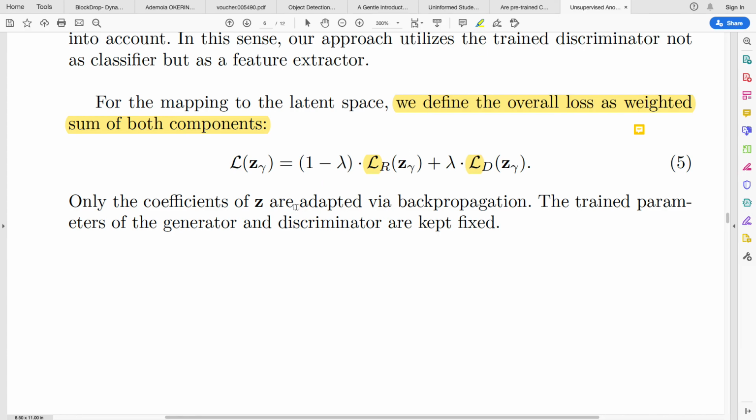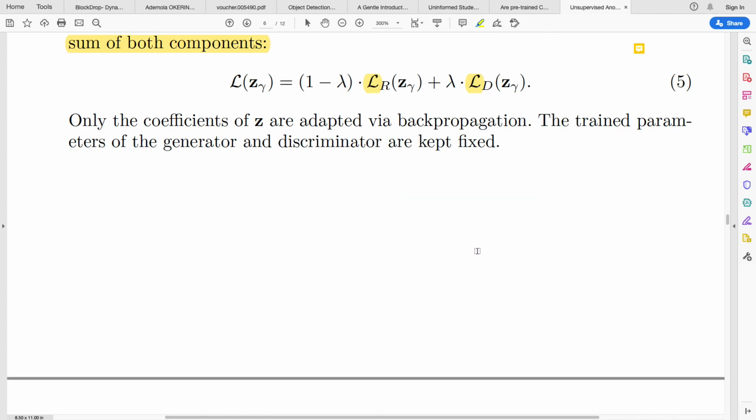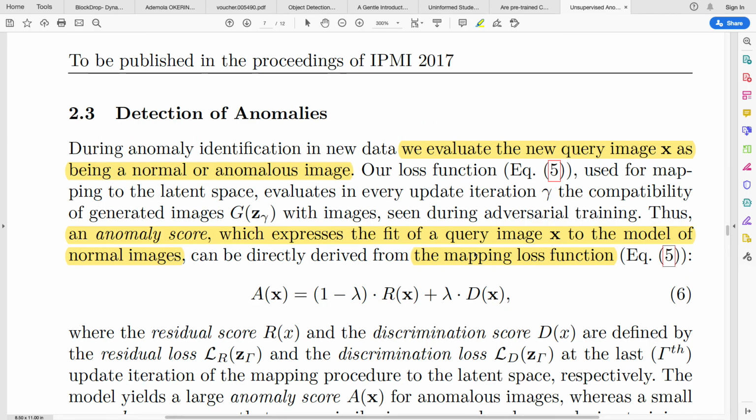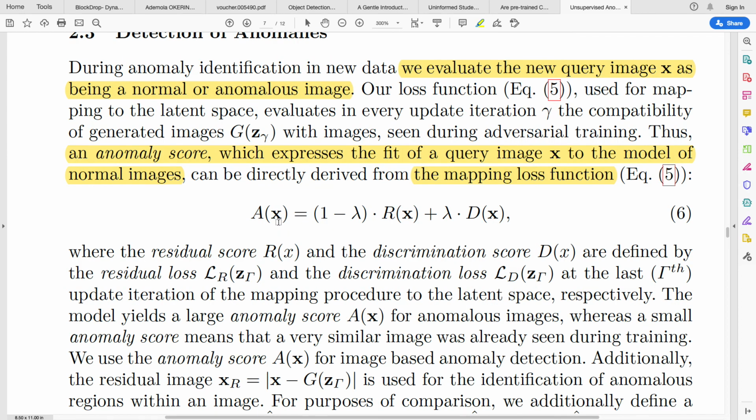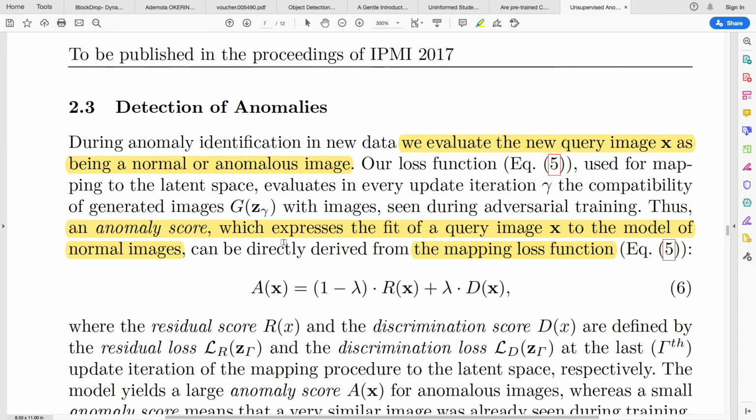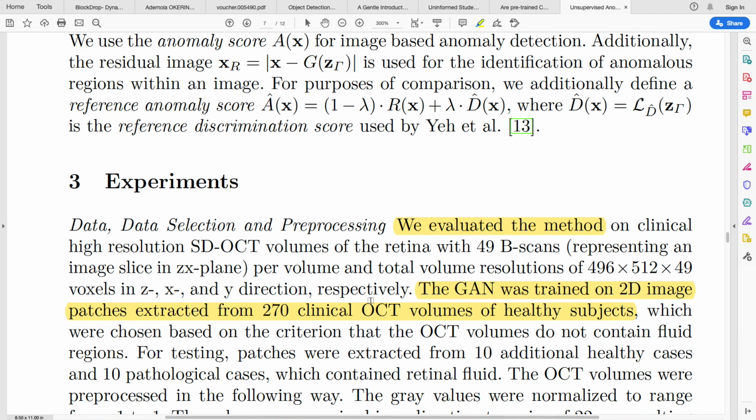So this is essentially what we do differentiation on. Okay, so now during the detection of the anomaly, you have a new query image X, and we pass it to our model. We'll still come back to the detail of this.